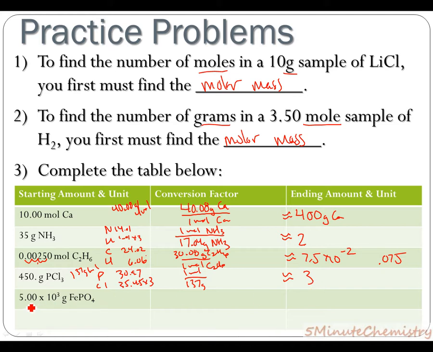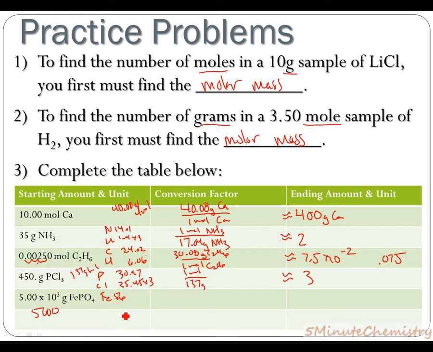Here, our next one, we have 5 times 10 to the third grams of FePO4. So if you want to think about that in your head, 10 to the third is a shift to the right. It's 5,000, okay? 5,000 grams of FePO4. Fe, our iron, is 55.85, so we'll say Fe is about 56.